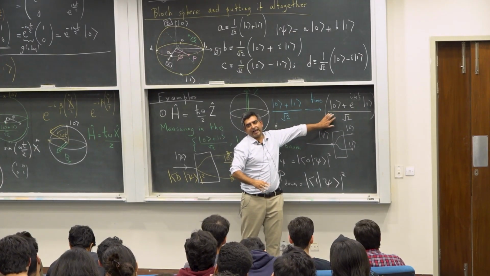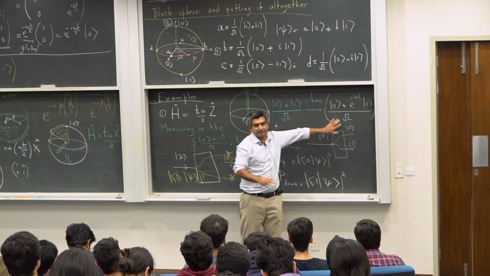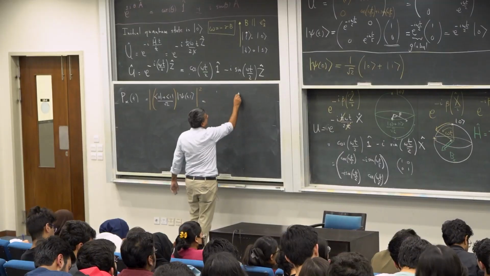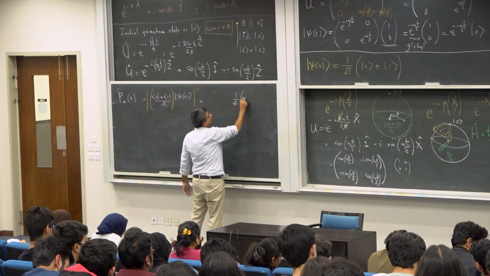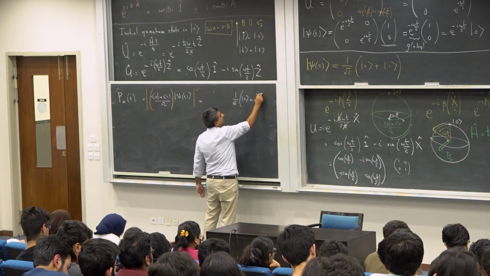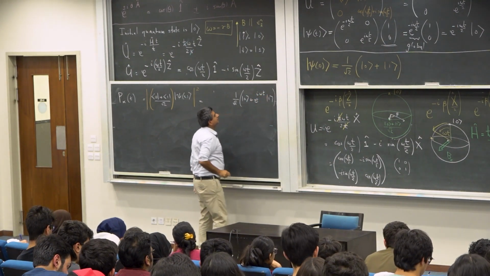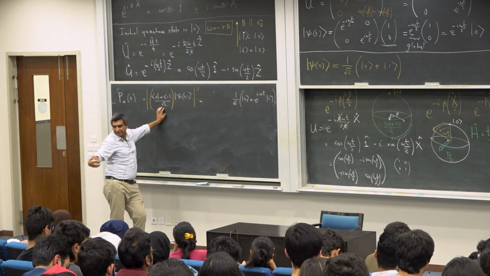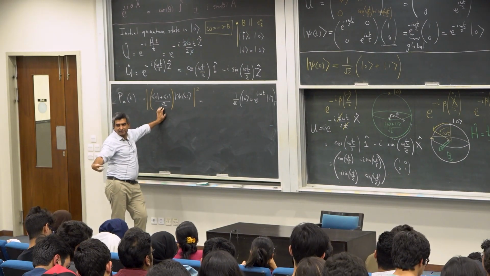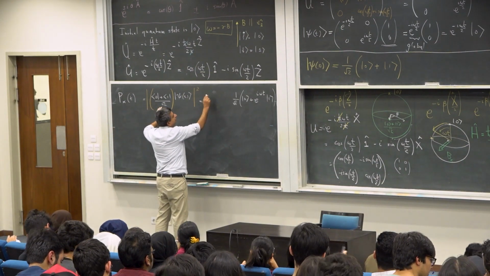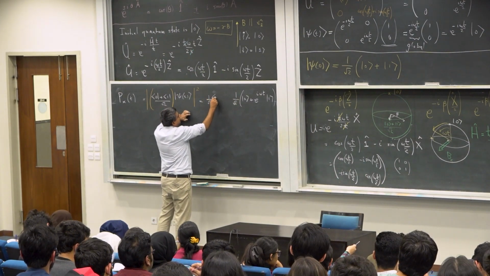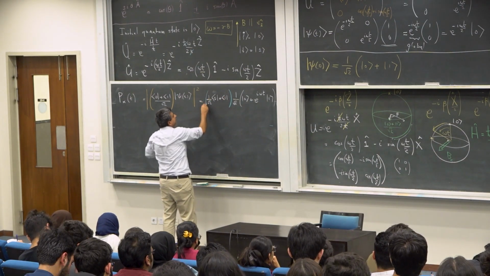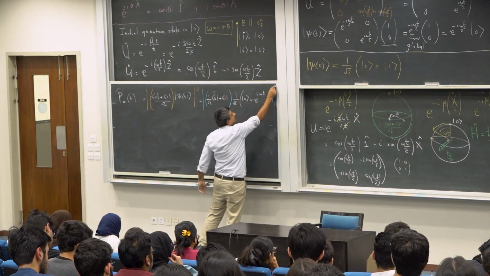This is my quantum state at any time: 1 over root 2, ket 0 plus e to the i omega t ket 1. Now, this is a function of time. The basis is not a function of time. The measurement axis is fixed. My detector's location is fixed. So I project this onto 1 over root 2, ket 0 plus ket 1, modulus square.